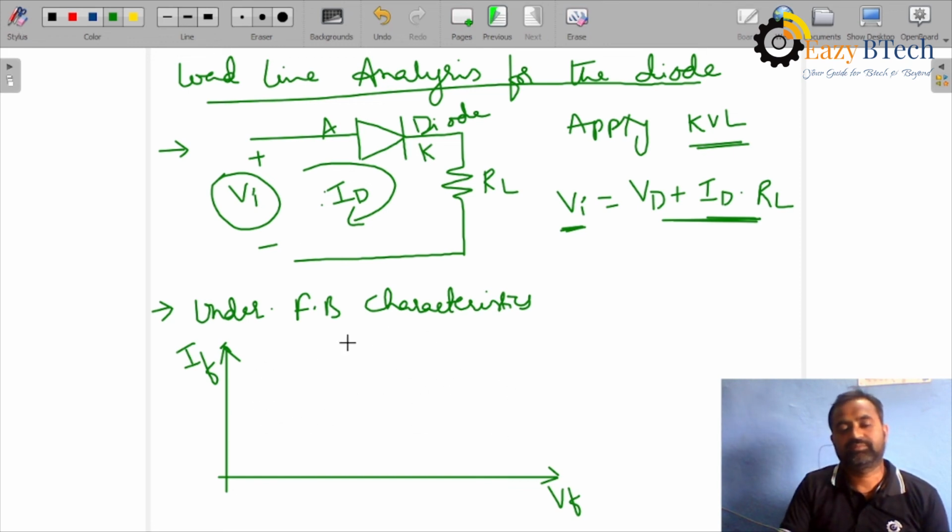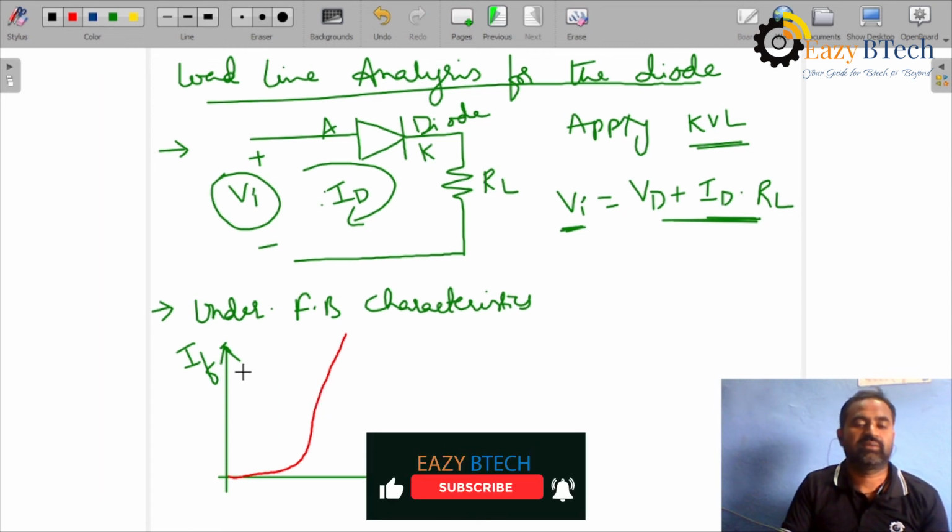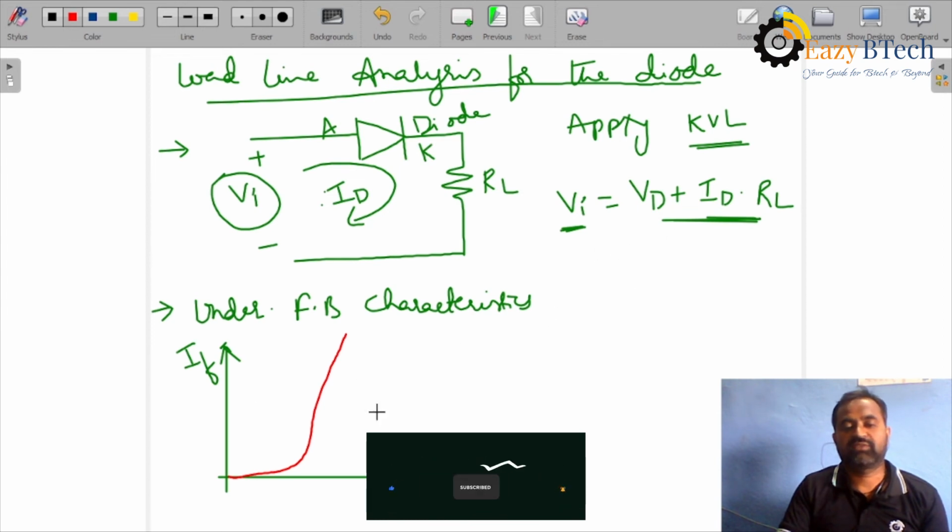What is the diode characteristic under forward bias? It may look like this.